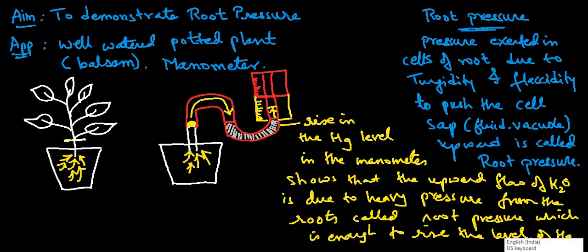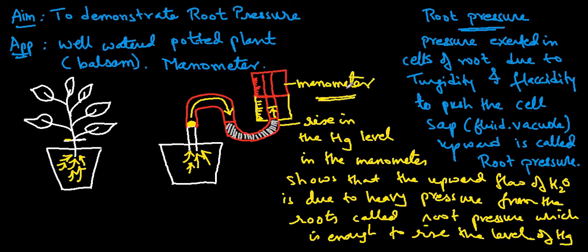Understood? So this is what happens due to turgidity and flaccidity. The push of the cell sap is in upward direction, which is nothing but the root pressure. Root pressure is so high that it is enough to push the mercury level to rise in the manometer. So this one is the manometer.